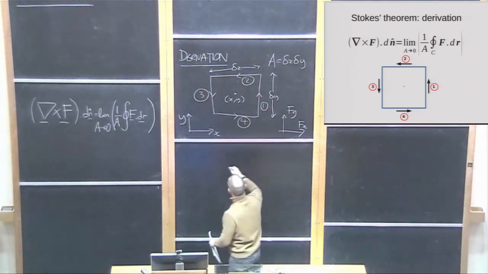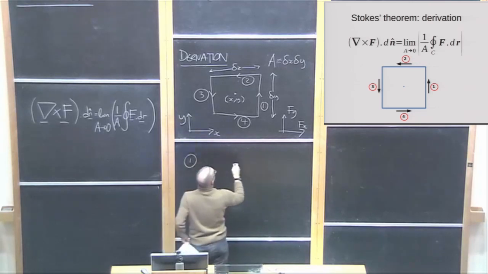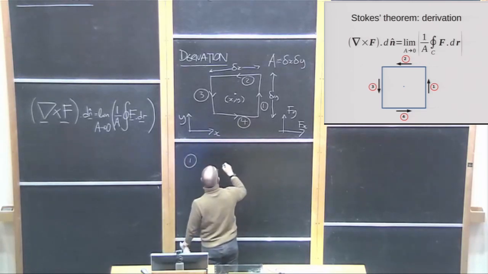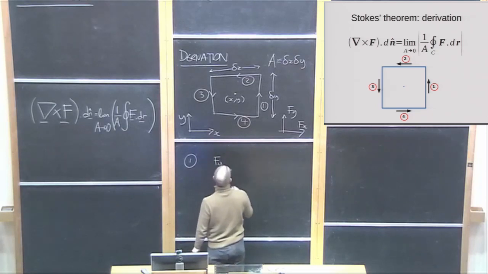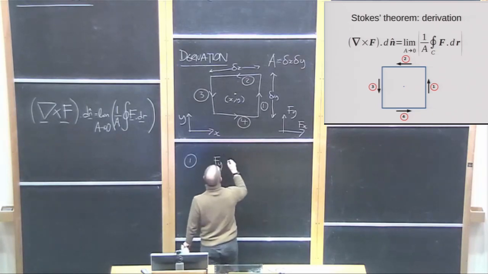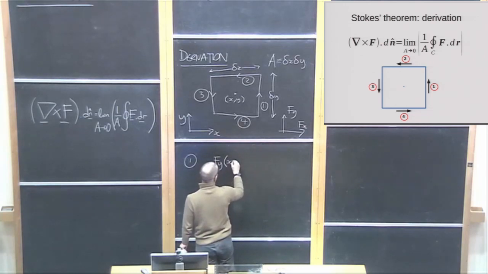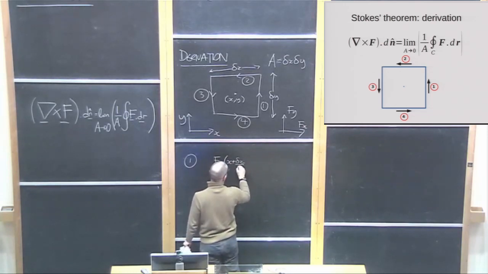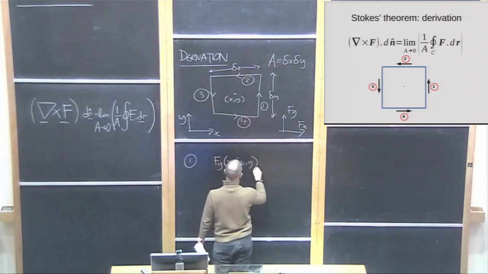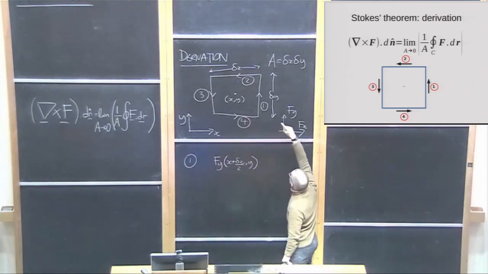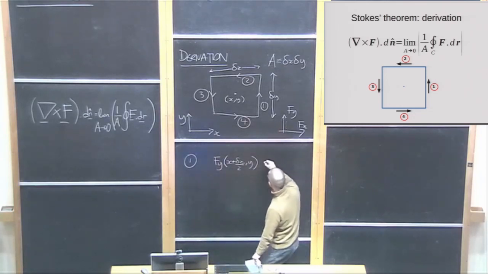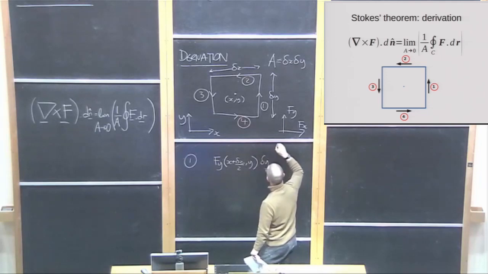So if I first look at the line integral on side 1, it is going to be the Fy component of the vector field as it operates at a position x plus delta x over 2, y, and it's going to operate over the length of that side, so delta y.